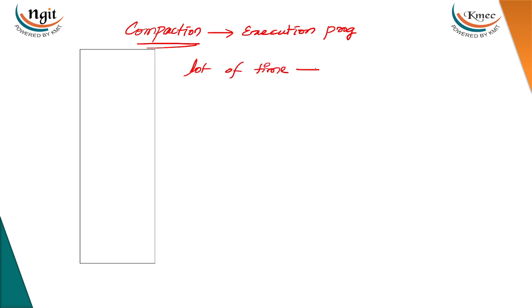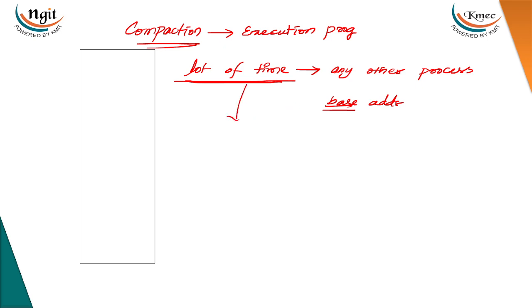And the problem is, during this compaction, the system does not execute any other processes, because all the processes' base addresses, or relocation register addresses, will be changed. So the system does not execute any programs while performing compaction or defragmentation.